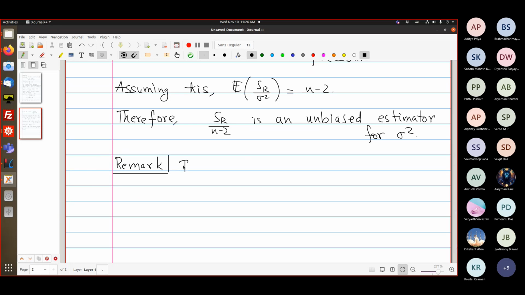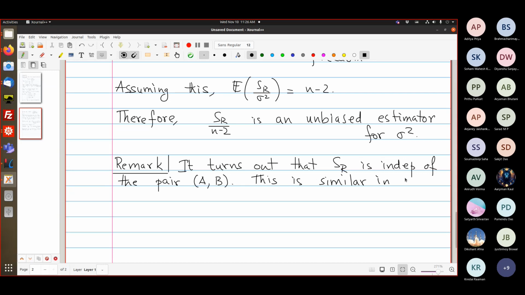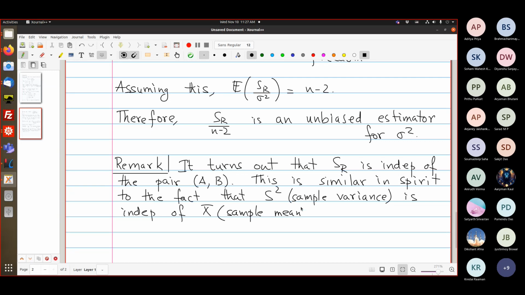It turns out, we will not do this in the class, but one can show that SR is independent of the pair A, B, and this is similar in spirit to the fact that S squared, the sample variance, is independent of X bar, the sample mean, for normal data.